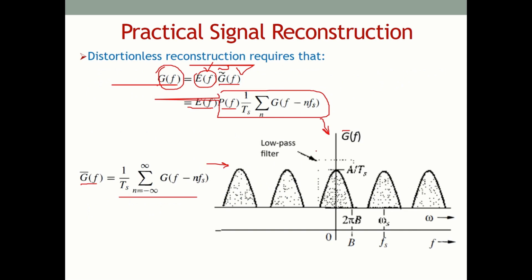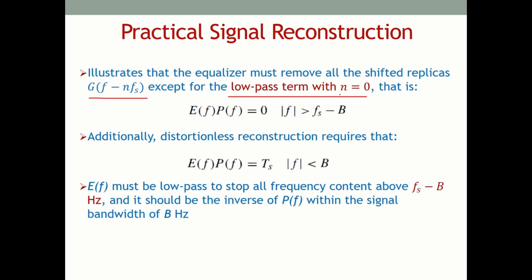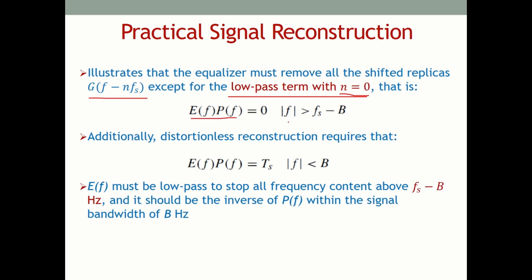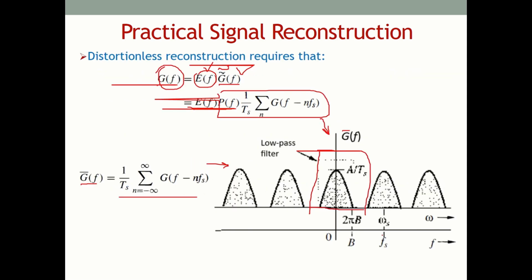So we can see that whatever the filter E(f) is, the first thing that it needs to do is to take out the spectrum at n equal to 0, this spectrum lobe. Which means that the product E(f)P(f) shown here must be 0 outside this interval, Fs minus B. So where is Fs minus B?